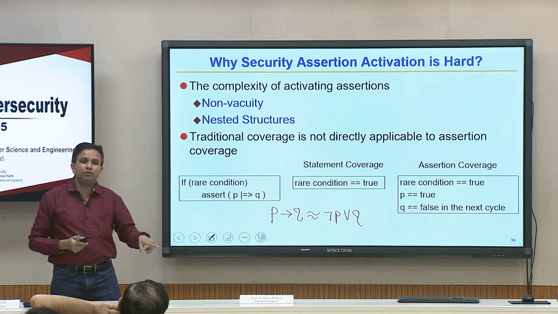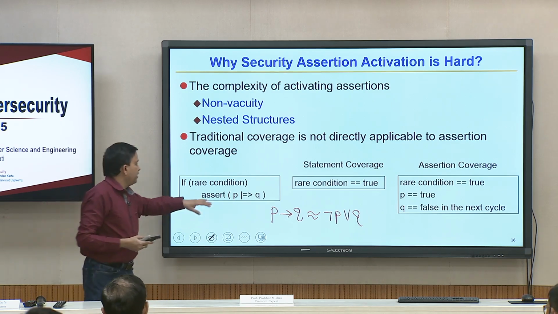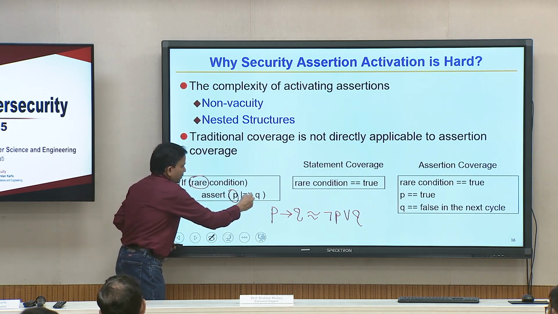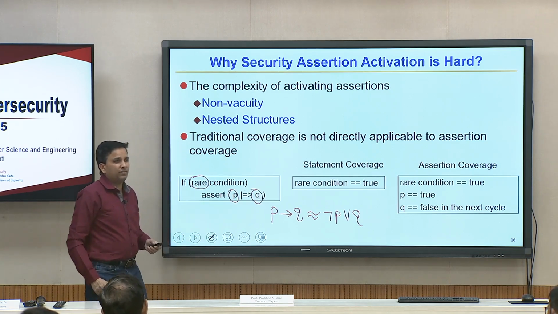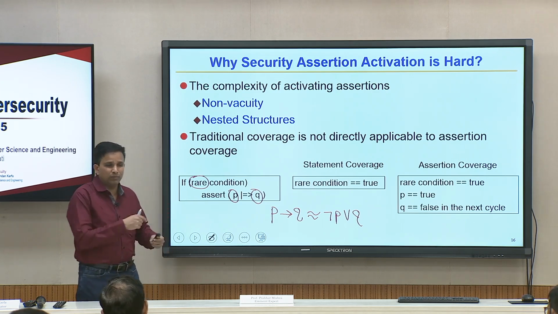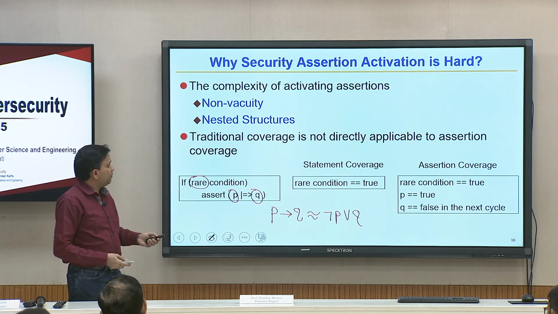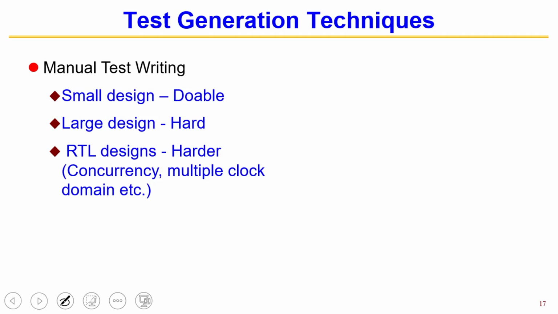We want P to be true and Q to fail. So then you really have to satisfy these as well as this; all three of them the tool has to satisfy, and it could be deeply embedded logic somewhere, which is the hardness of the problem. There are a lot of test generation methods; I just want to summarize so that you see what we are going to apply here.